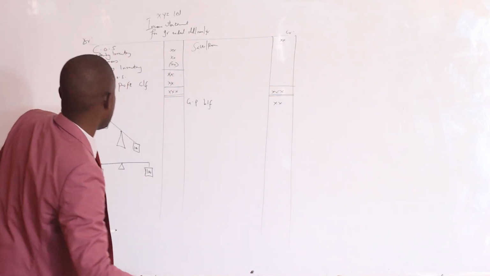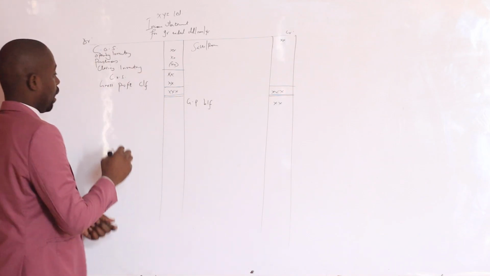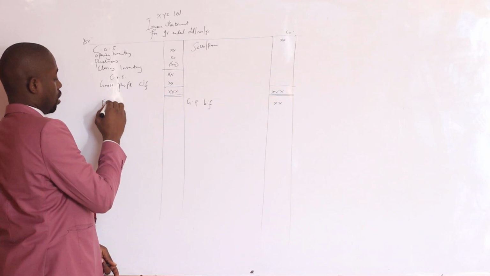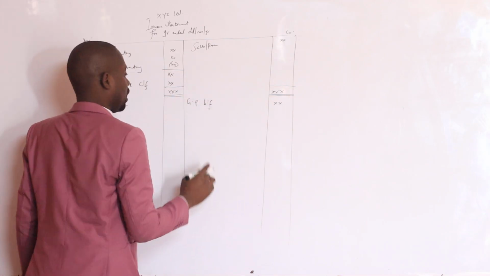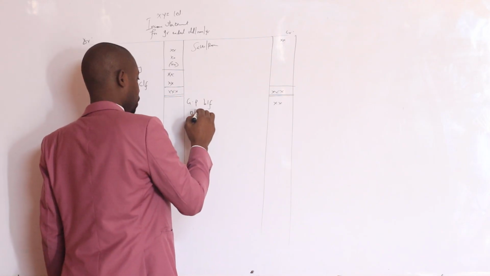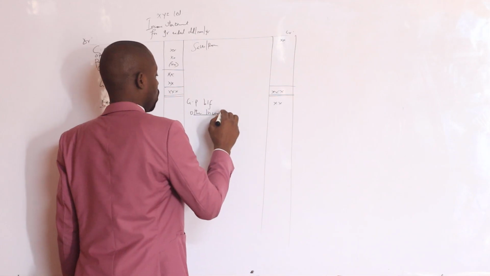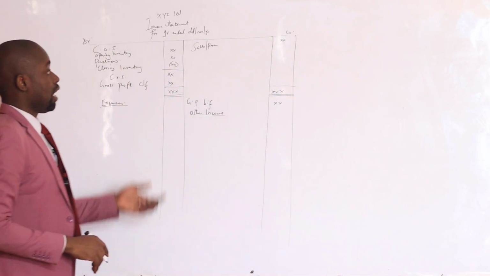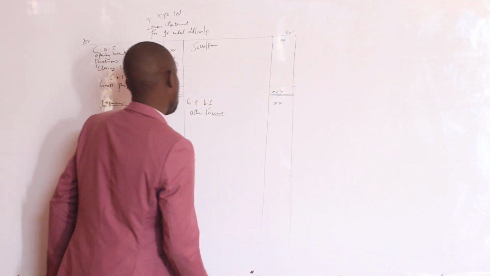Now on the left hand side, we shall add other information, what we call expenses. Expenses will come down here. But on the right hand side, we have what we call other incomes. Other incomes are incidental receipts besides the main revenue stream. We had talked about them in topic 1.